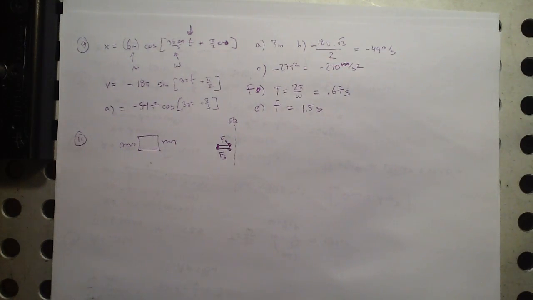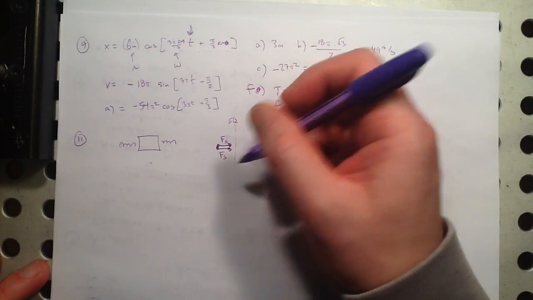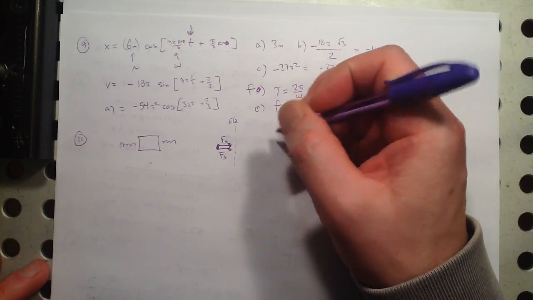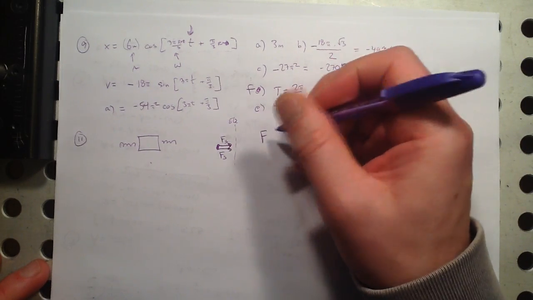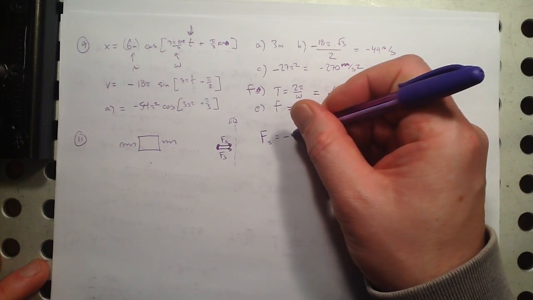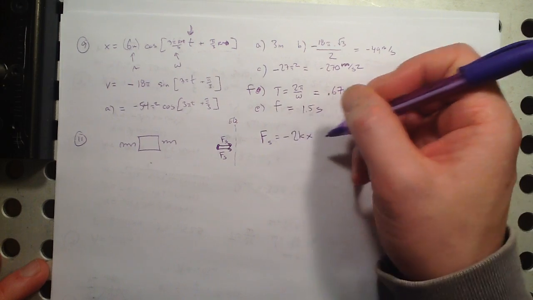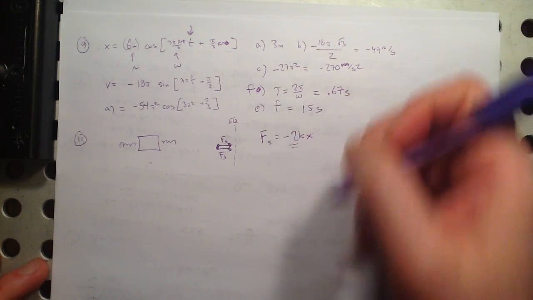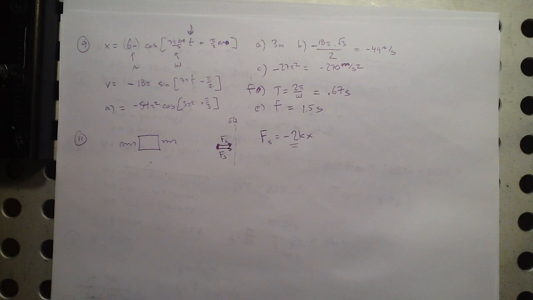The effect here, if you have one spring on either side, is like having twice as much force. So the force is equal to negative 2kx because there are 2 springs. They're both trying to restore toward equilibrium, so we have twice as much force.